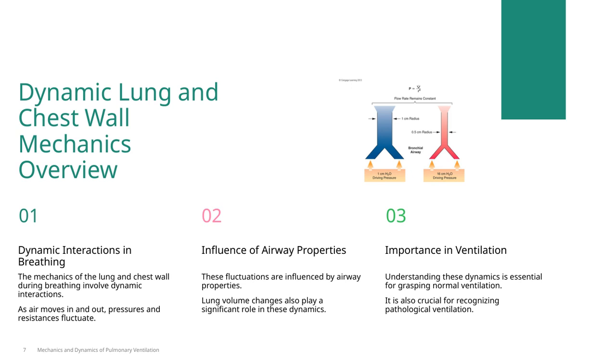Recognizing how these forces behave during normal ventilation helps us better understand what goes wrong when ventilation is impaired. In essence, the mechanics of breathing are a dynamic, finely tuned system, and being aware of how airway properties and lung volume changes influence this system is key to both understanding healthy respiration and diagnosing respiratory issues.